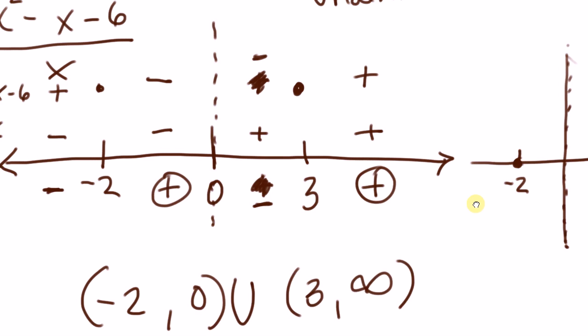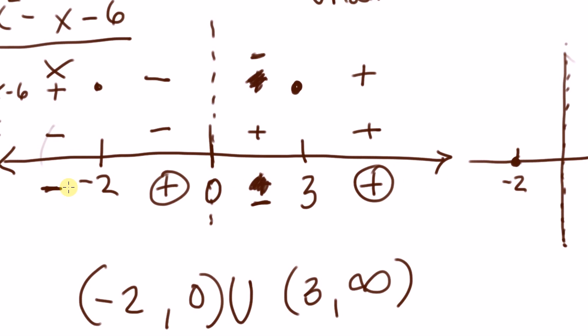Okay, so we said we're going to have negative values from negative infinity to -2. I wrote that backwards. And then in between -2 and 0, we're going to have positive values. You can see that.